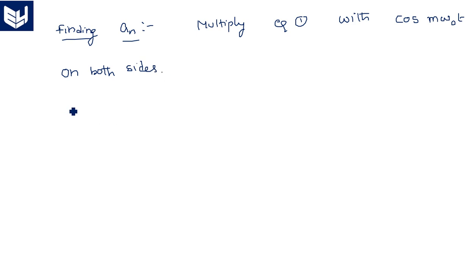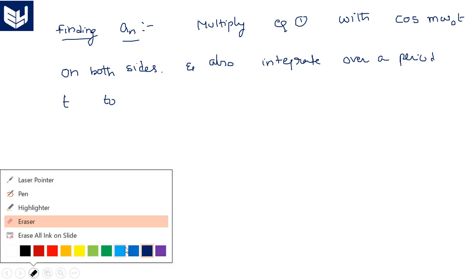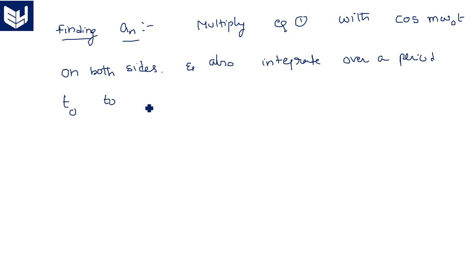Now multiply, and also integrate over a period, the same period we took in the previous case, t naught to t naught plus capital T. Within this period you are going to integrate, multiplying with cos m omega naught t.